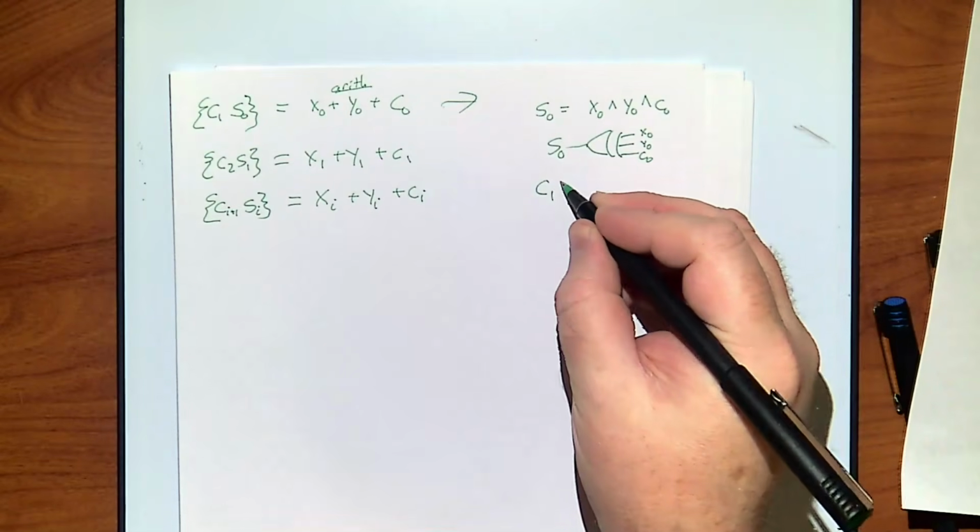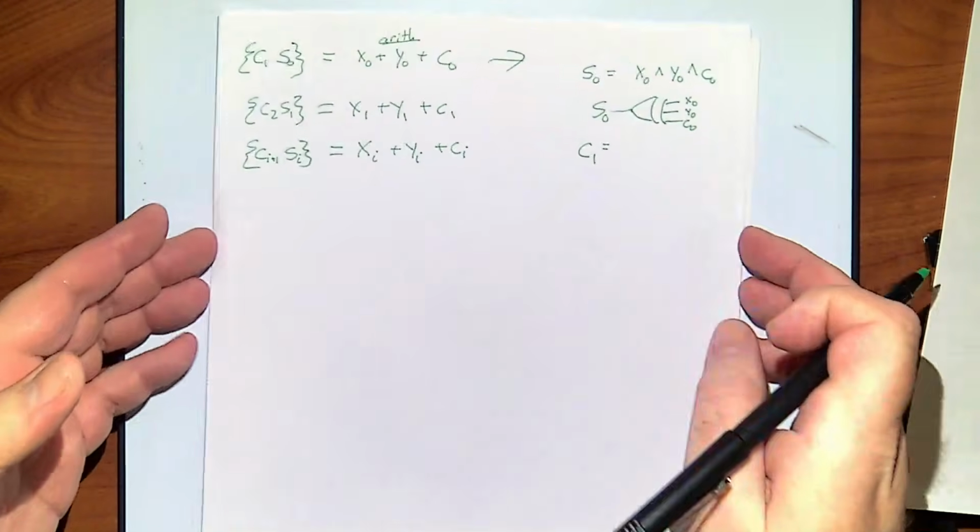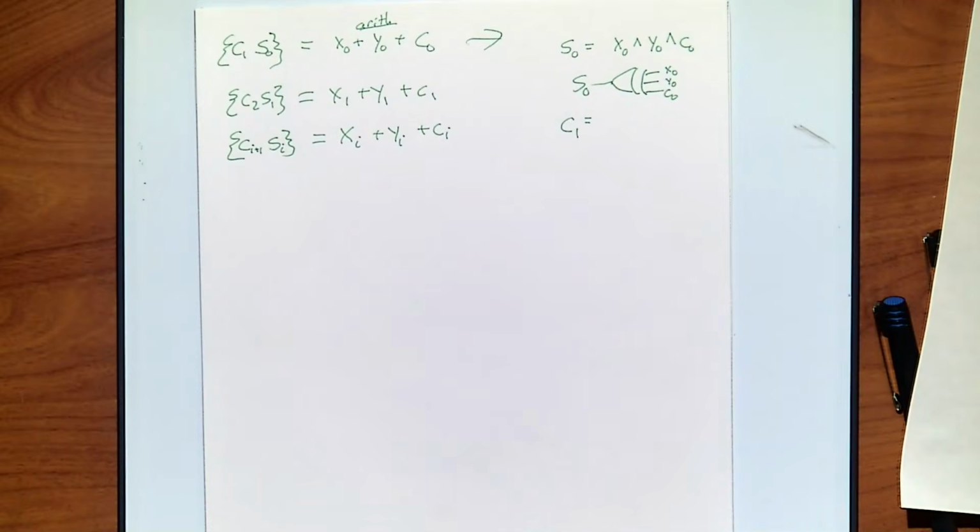Or sorry, C1. How do I figure out what gives a carry in this case? Carries. Yeah, you're exactly correct. The problem is, in this case it means 2 or 3. So how do I know whether it's 2 or 3?